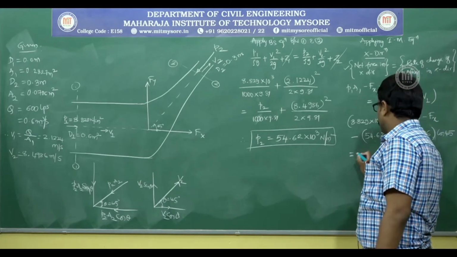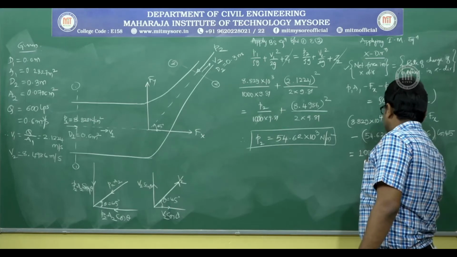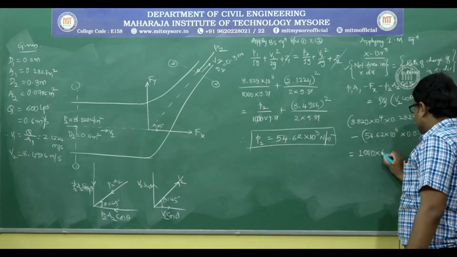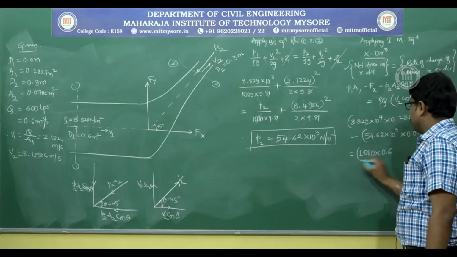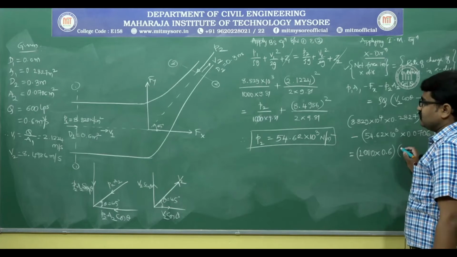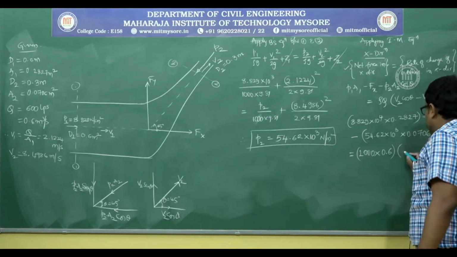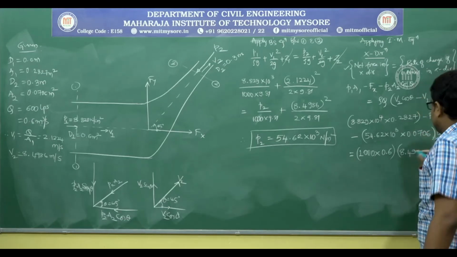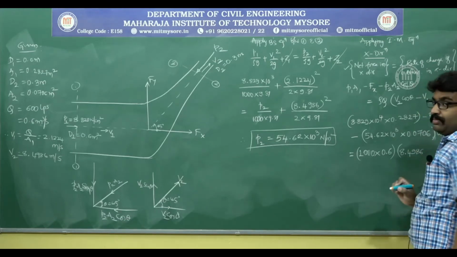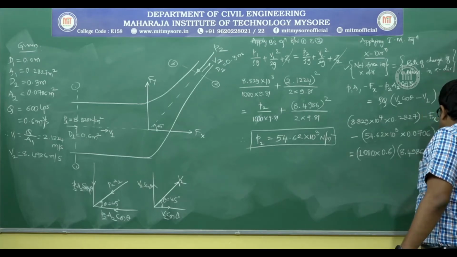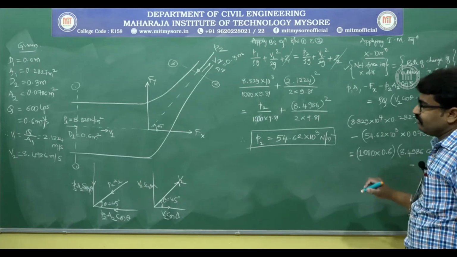This must be equal to rho q. Rho is 1000 because it is water. Q is 600 LPS, nothing but 0.6 meter cube per second. Rho q into V2 cos theta. How much is V2? V2 is 8.4986. 8.4986 cos 45 minus V1.